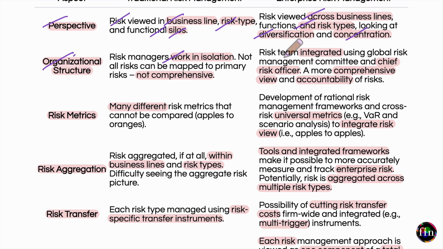Okay, then when you have an integrated risk team, which happens in enterprise risk management, an integrated team which is, let's say, reporting to a single head, let's say a chief risk officer, then you have an organizational structure in place in which you have a more comprehensive view of risks and you have a higher accountability of risks.